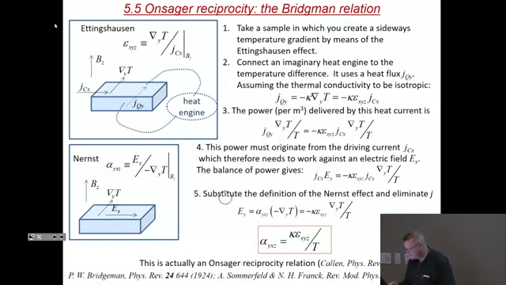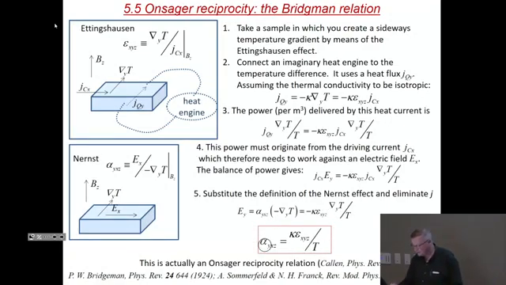And this is what I get from the other side, minus kappa, this is the Ettingshausen grad YT over T, from which I conclude, by eliminating grad YT, that alpha XYZ is kappa times epsilon divided by T. And that is the Bridgman relation.